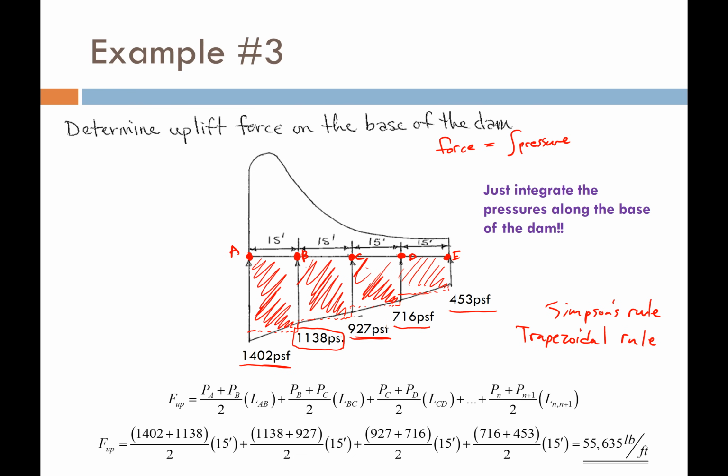I know each one is 15 feet long, or in width, and I can get the average pressure in terms of the height of these rectangles. I'm plugging those in and summing those up, and as I sum that area, I get this value right here. Remember, this is a force per unit width of length into the dam, so that's accounting for the third dimension into the screen.